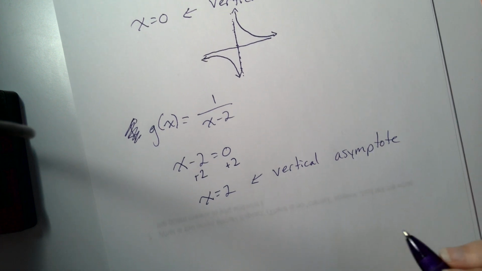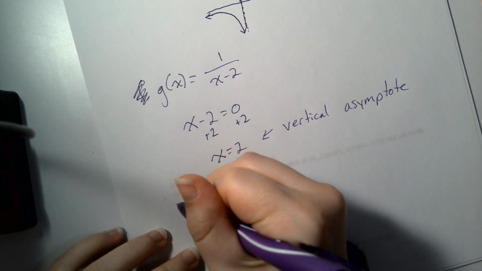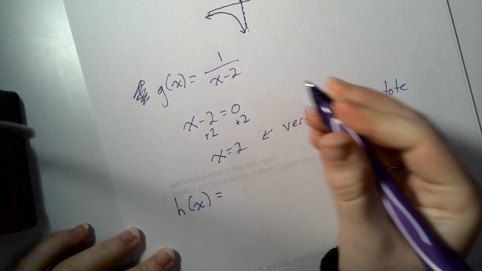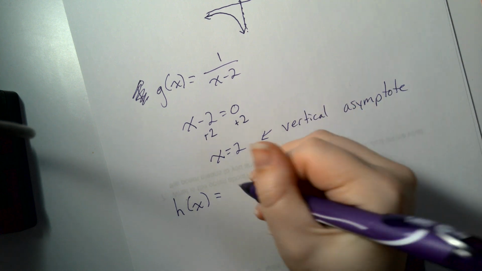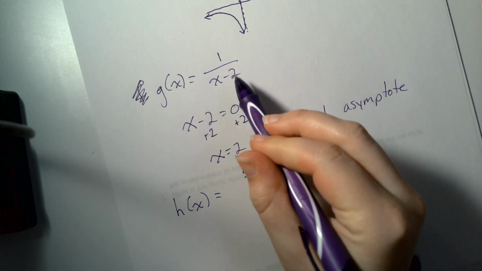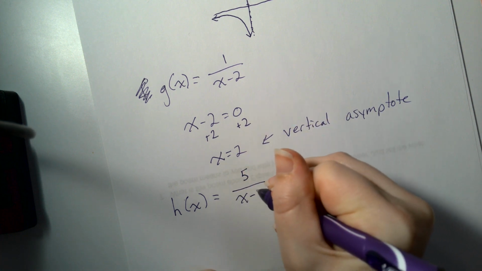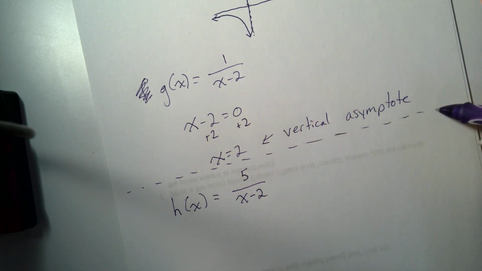All right, let's try one that might be a little more complicated. Actually, before we do that, up here we had 1 over x minus 2. What if we had 5 over x minus 2? I'll just make a line here to separate.